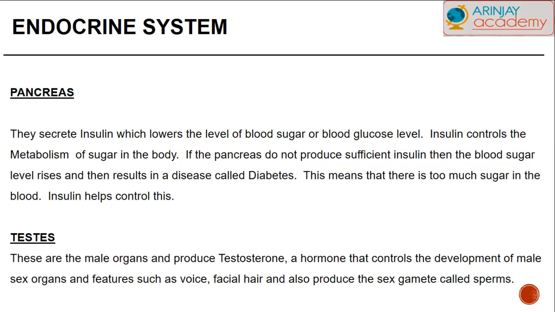If the pancreas does not produce sufficient insulin, then the blood sugar level rises. This is what causes the disease called diabetes. So if there is too much sugar in the blood, the insulin helps control this. If there is too little, the insulin from the pancreas will help regulate this in order to prevent diabetes.